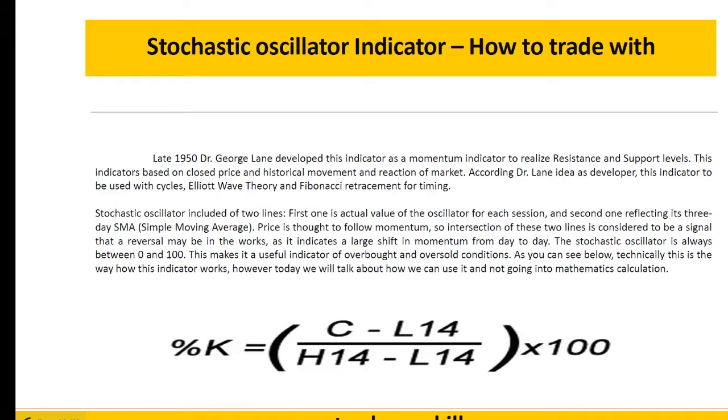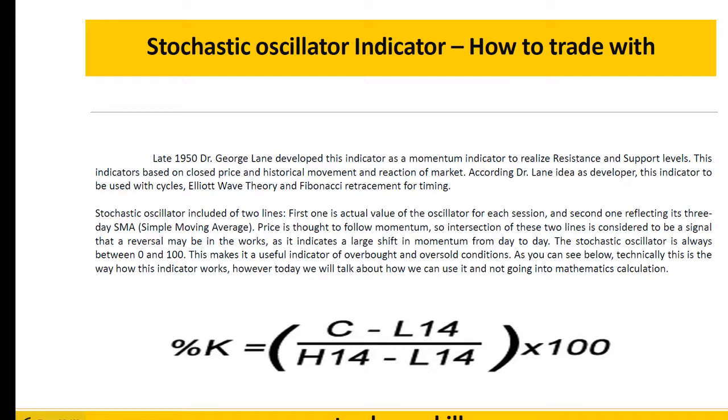According to Dr. Lane, as the developer, this indicator can be used with Elliott waves theory and Fibonacci as well. I mean, it's recommended for these two different strategies. However, today we will show you another useful way of using it as well.